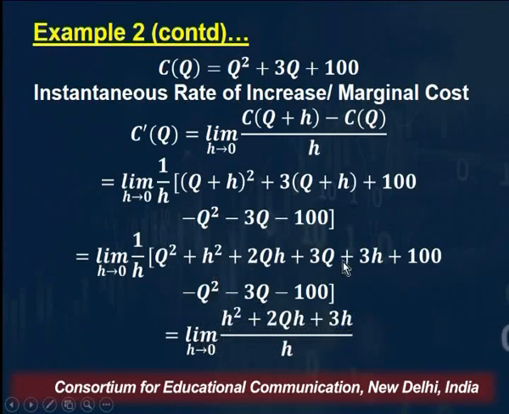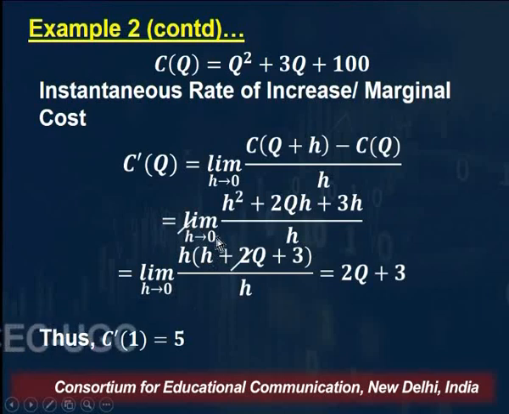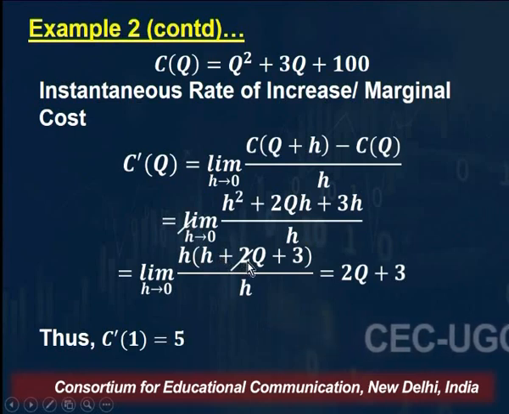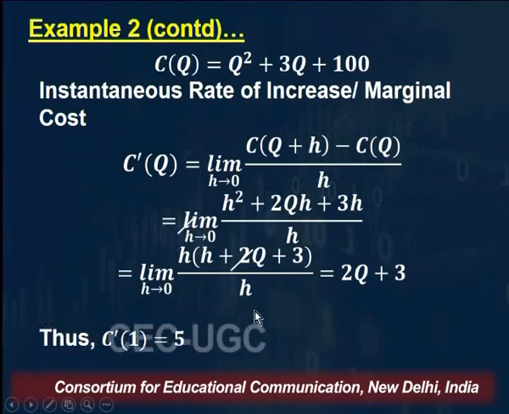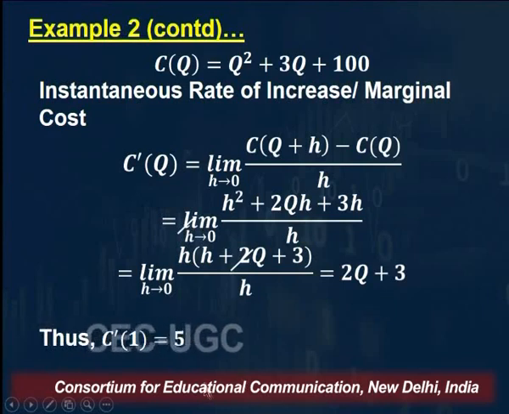Your 3Q will also get cancelled and 100 will get cancelled, so what you're left with now is the limit of H squared plus 2 times Q times H plus 3 times H, divided by H. If I take H common in the numerator, I'll be left with H plus 2 times Q plus 3, divided by H. The H will get cancelled in both the numerator and the denominator, and once I take the limit as H tends to 0, I'm going to get 2 times Q plus 3, which is then the marginal cost.